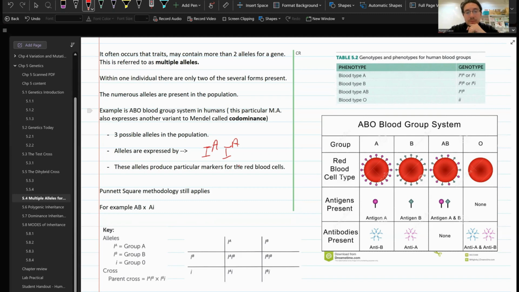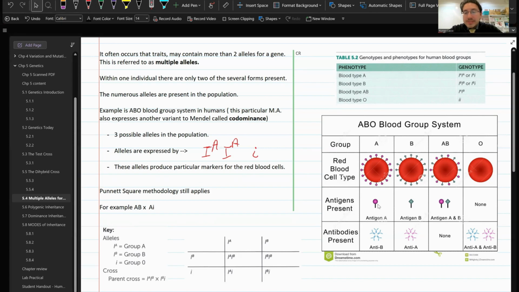I do want to note that a person that doesn't have A or B is referred to as blood type O. In this case, you would designate the individual as having a lowercase i, and it's just a matter that there are no proteins present. A person with A blood type will have this particular antigen.